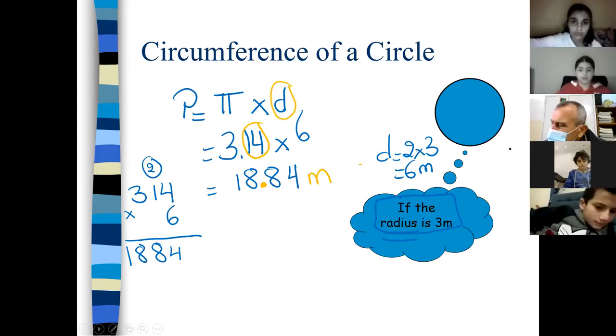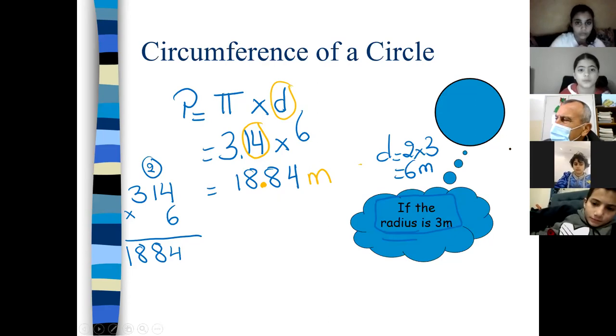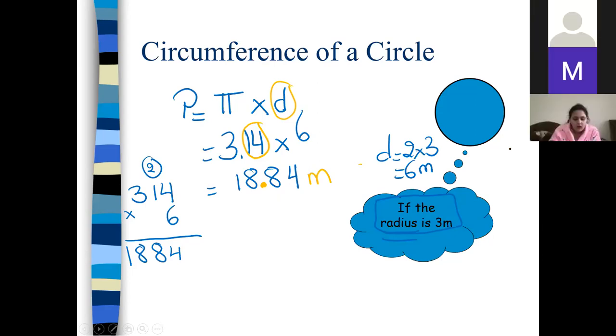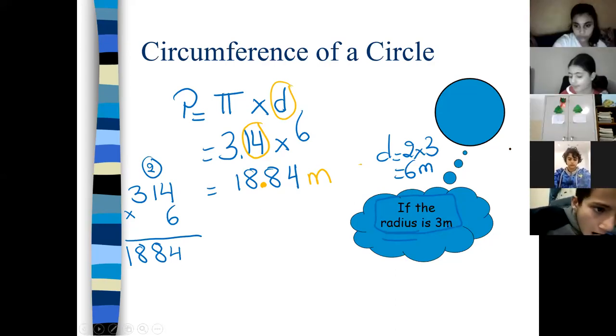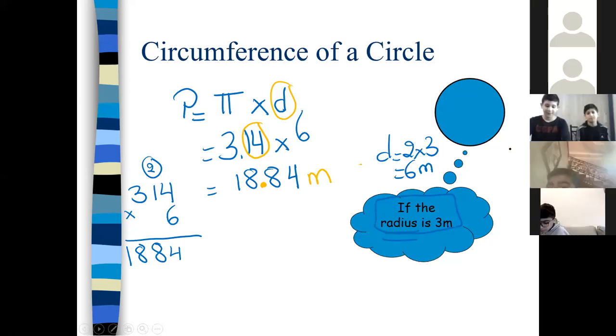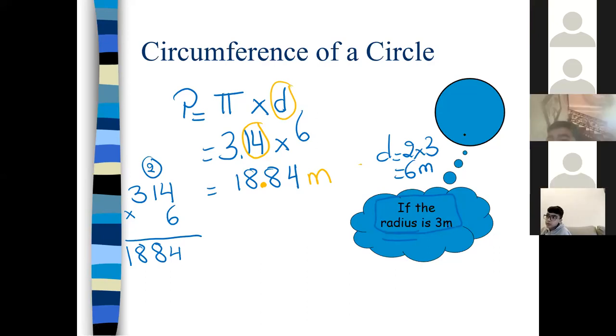Let's repeat the rules. We took 3 rules: the perimeter for the square, the rectangle and the circle. Remind us, what is the perimeter of a square? We have to add the length of all of its sides.